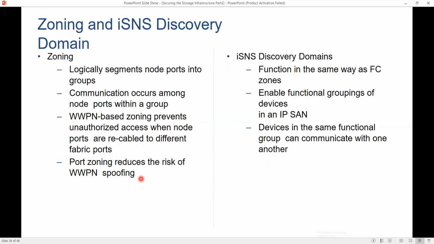Next is iSNS discovery domains, right? This is the Internet Storage Name Service domain. It functions the same way as Fibre Channel zones. In this, we create functional groupings of the devices, and the devices in the same functional group, according to this storage name service protocol, can communicate with each other.